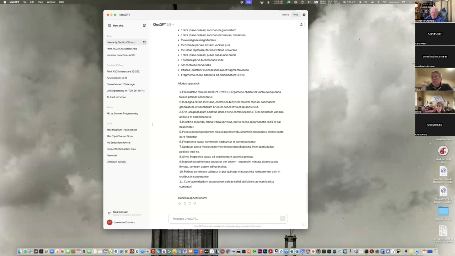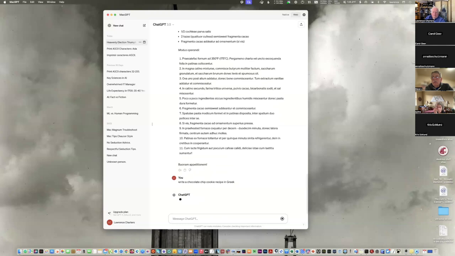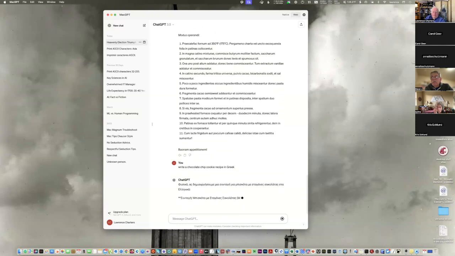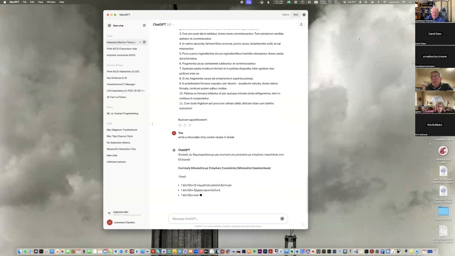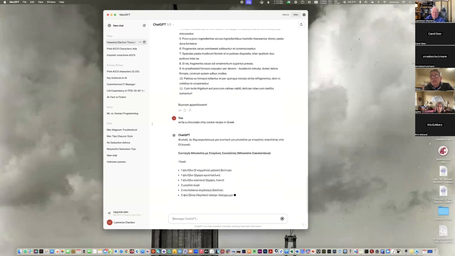I don't know if it can do that in Greek. Yes, it's writing something I assume is in Greek because I can't read any of it.